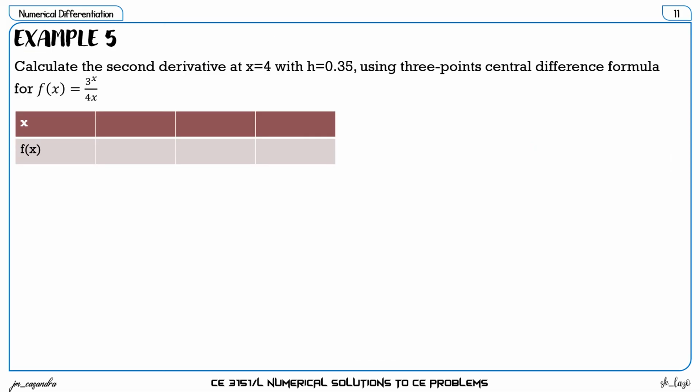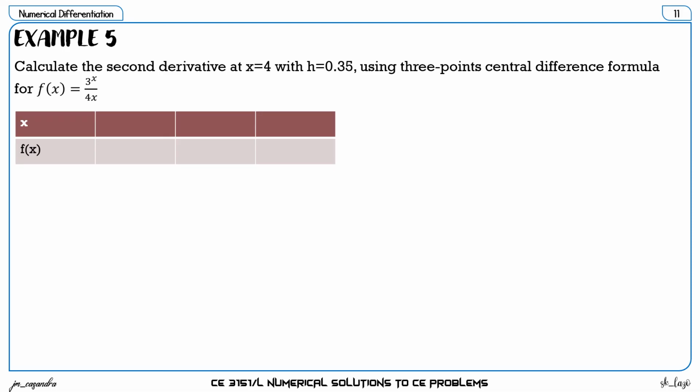For example, number 5, we calculate the second derivative at x equal to 4 with h equal to 0.35, using the 3-point central difference formula for the function given, 3 raised to x over 4x.